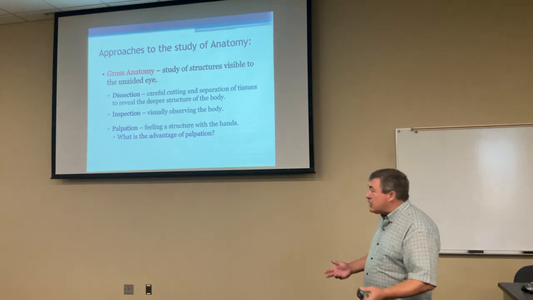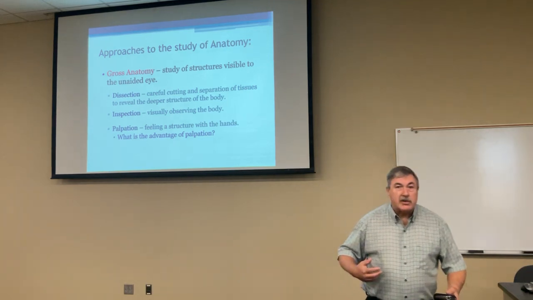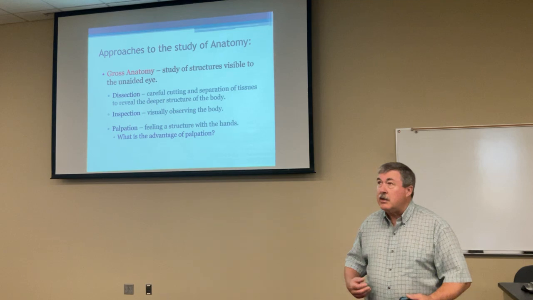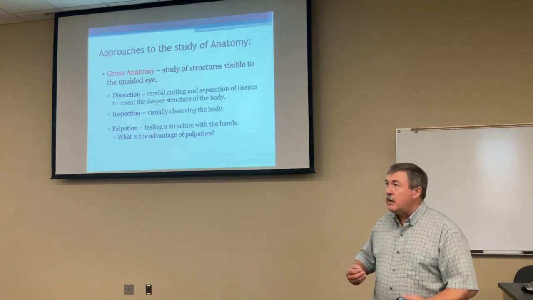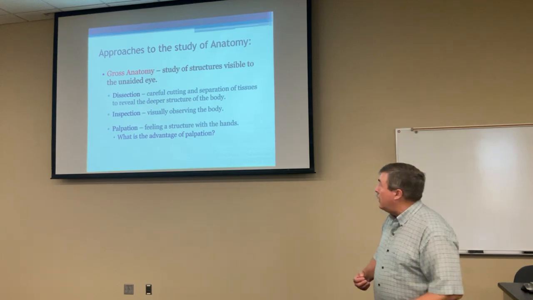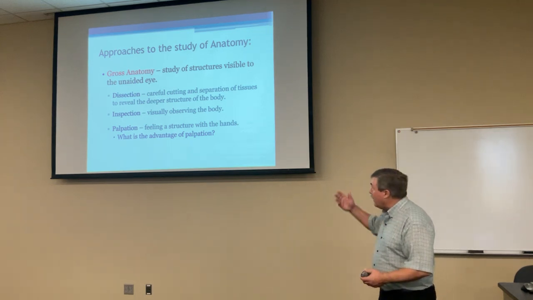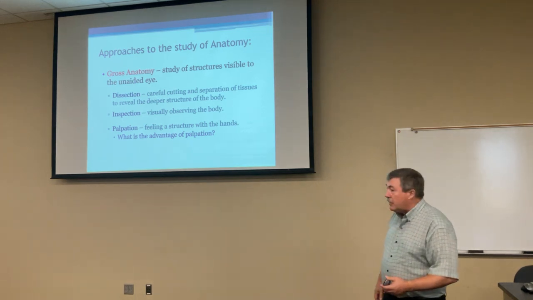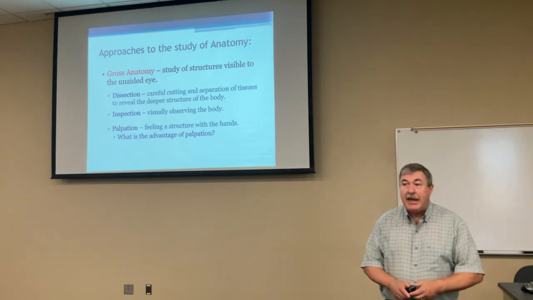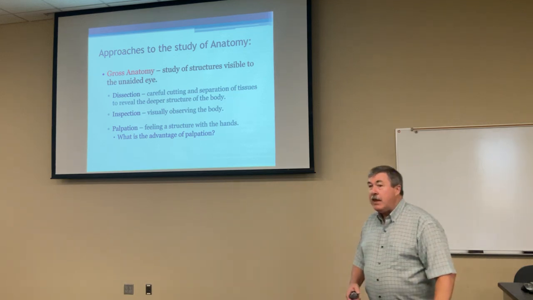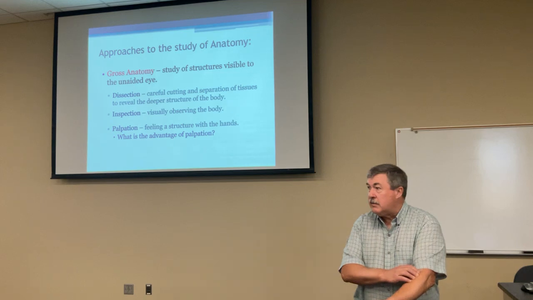You can even use inspection to study the internal structures, but you have to do that in conjunction with other techniques, either radiographic techniques or dissection. Another method of studying gross anatomy is palpation. Palpation means to feel.